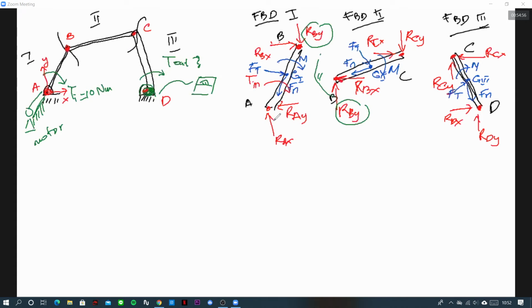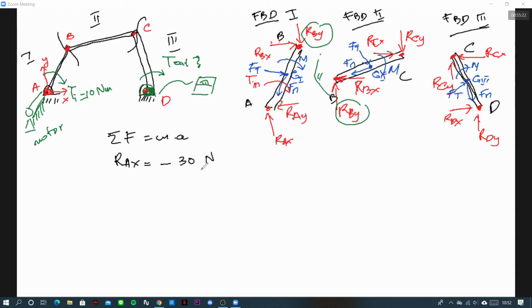At this point we don't know yet, because if you remember, from the computation using sigma F equal to m times a in the rigid body analysis, you will end up at RAX equal to minus 30 Newton.